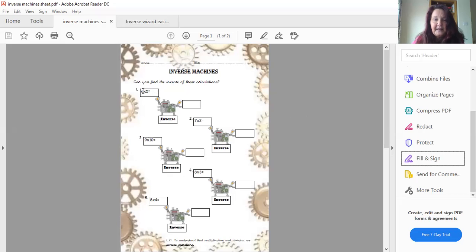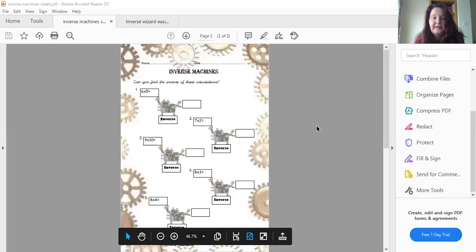So this means 6 groups of 5 equals. This is a little bit harder. Then you've got to find the inverse, go up to here, and you write the inverse in this box. Just where I'm pointing to with my mouse, if you can see that. Is that okay with everyone?